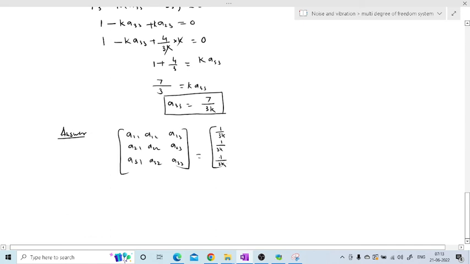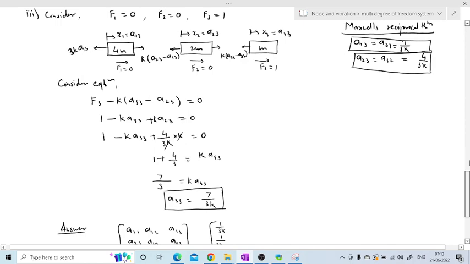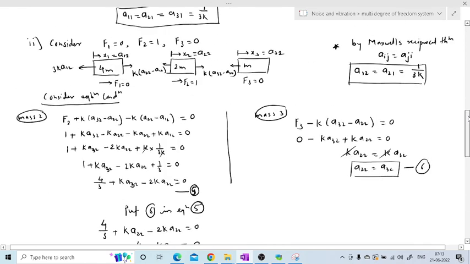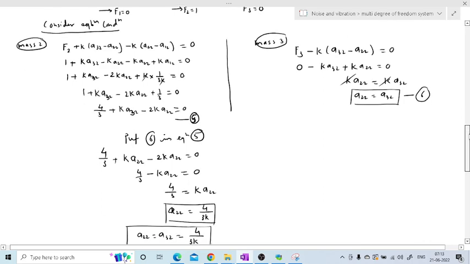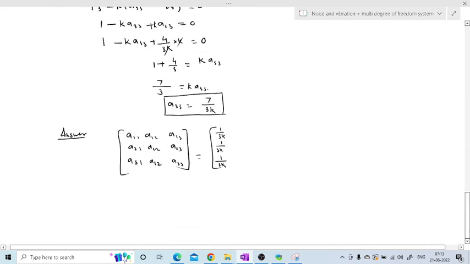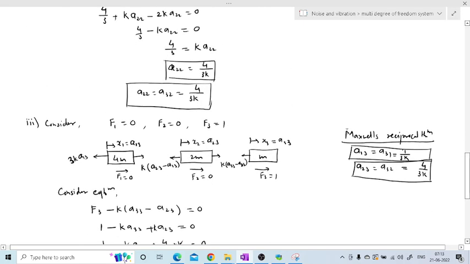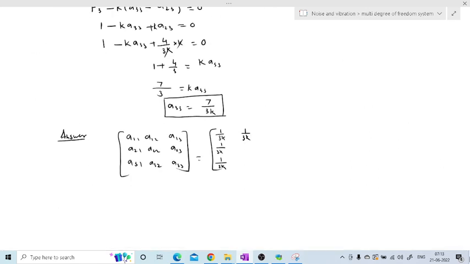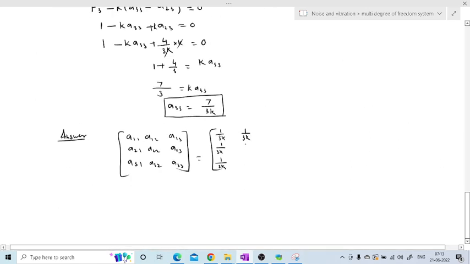So first column is same. Now go to the second one. In the second, just see, A12 is 1 by 3k. So here I will write 1 by 3k. Now A22 and A32, just check, A22 and A32 is 4 by 3k. So here I will write 4 by 3k, 4 by 3k.